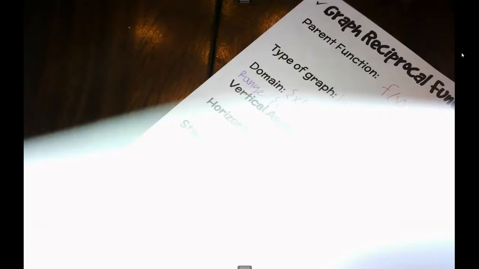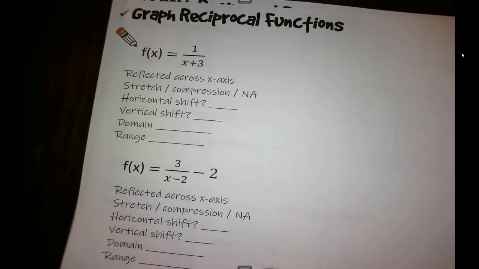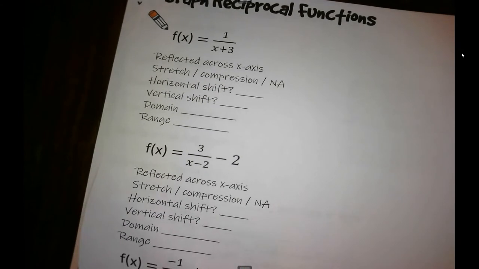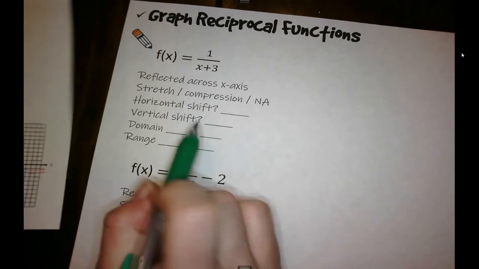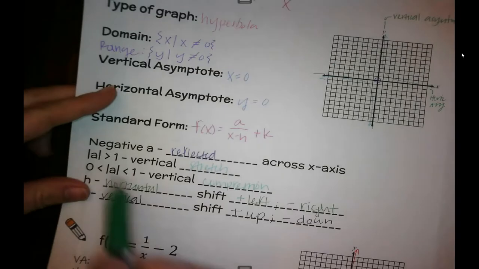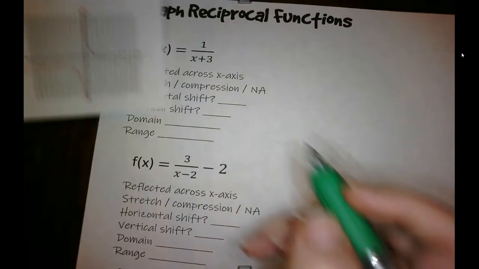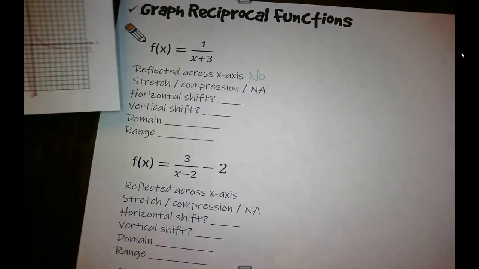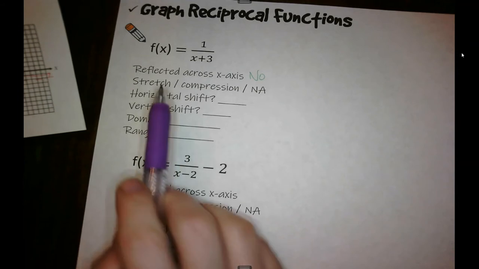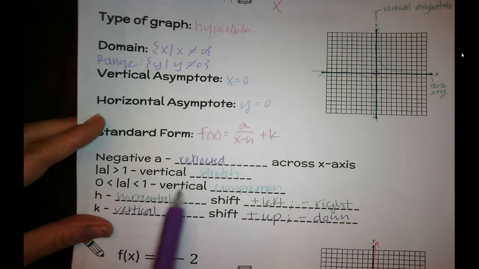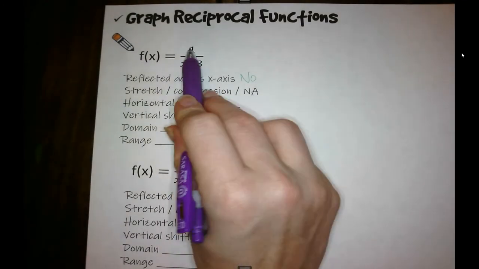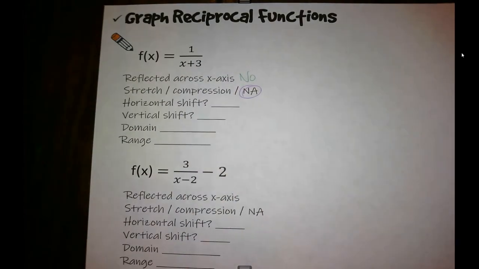So let's look at these. We've got 1 over x plus 3. It says, is this reflected across the x-axis? We would need a negative a to be reflected. So no. Okay, easy peasy. Is it stretched, compressed, or no? Stretch is when a is greater than 1. Compression is between 0 and 1. It's 1, so neither.